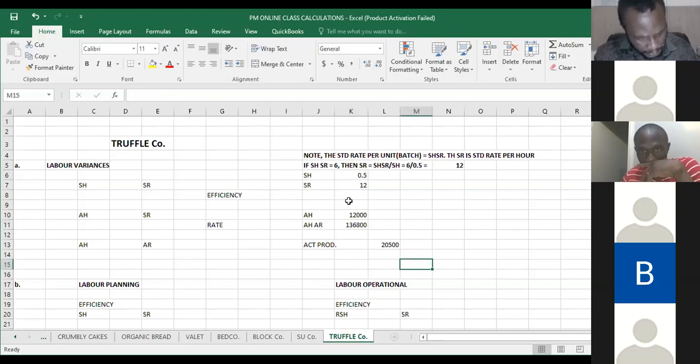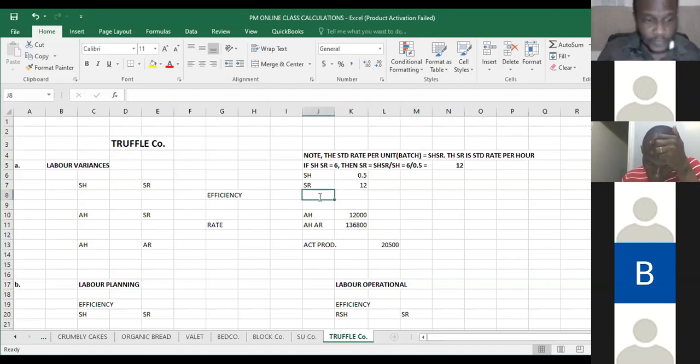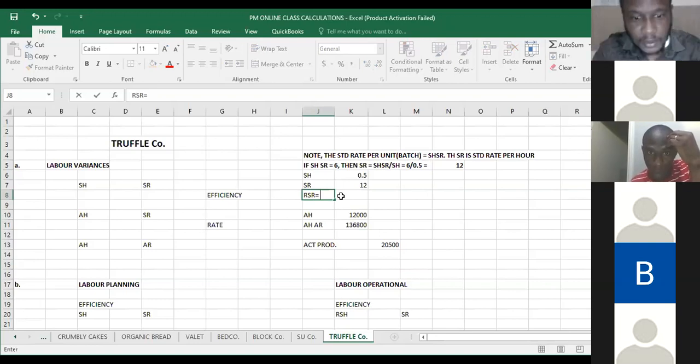So at the end of October, the managing director held a meeting with other staff and a 5% pay cut. So the 5% pay cut will give us our revised standard rate. So our revised standard rate will be equal to 95% now, because there's a 5% pay cut. The 100% is the original one. So that's 95% of the original rate of 12.